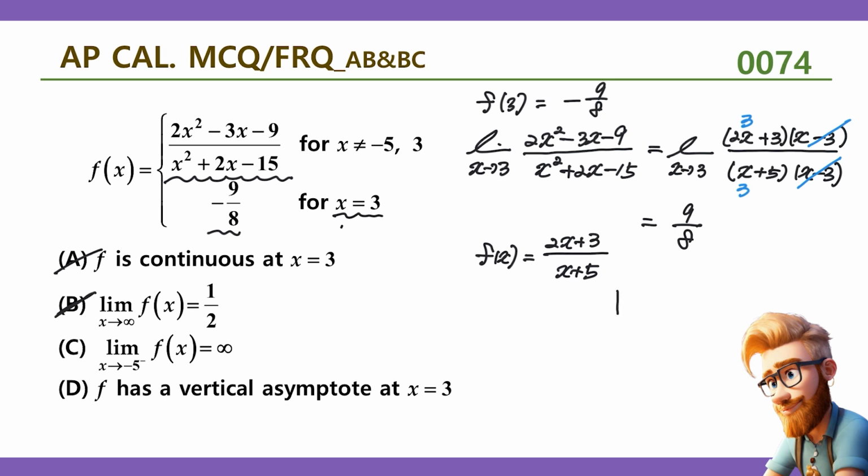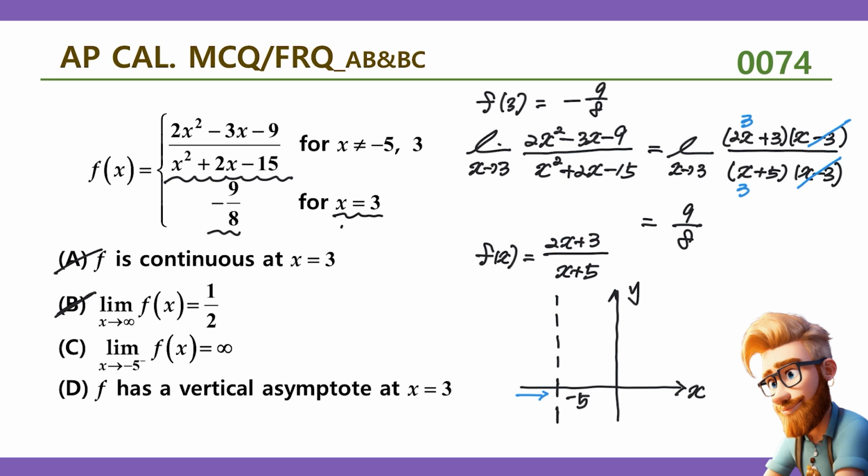So let's draw the graph. Here's the y-axis, the x-axis. Here we have negative 5. So as x approaches negative 5 from the left-hand side, from here to here. Okay, what about the function f of x?